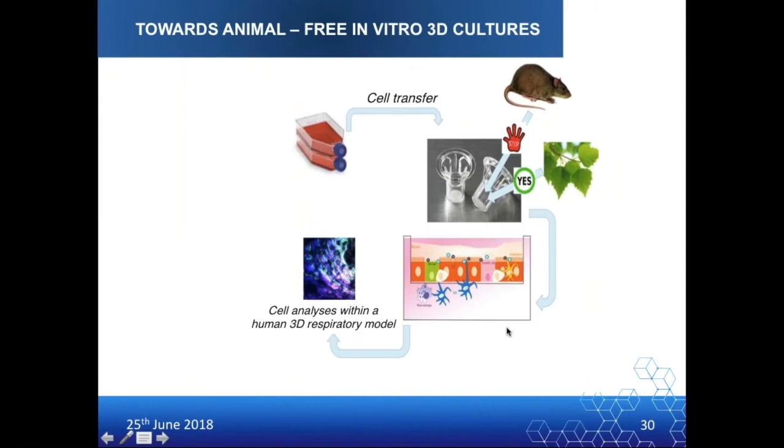What we are working on right now is to go towards animal-free in vitro 3D cultures, because all those experiments before were done with coating of the transwells with rat tail collagen.